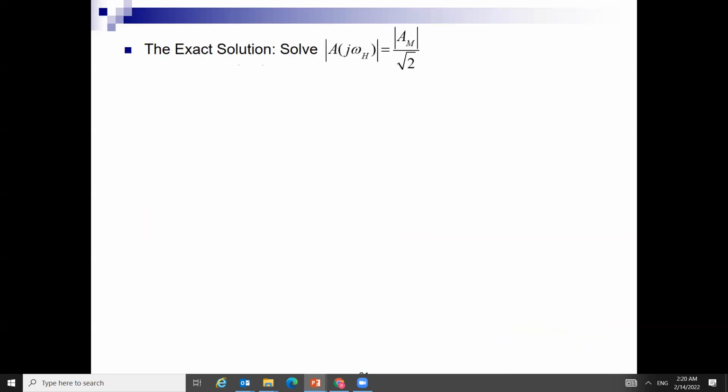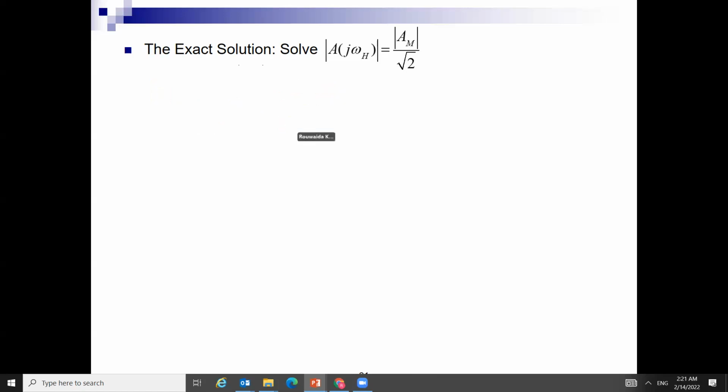The third method is the exact solution. يعني in order to find the 3 dB frequency, we know that the magnitude of T at 3 dB is equal to the low frequency gain over root 2.